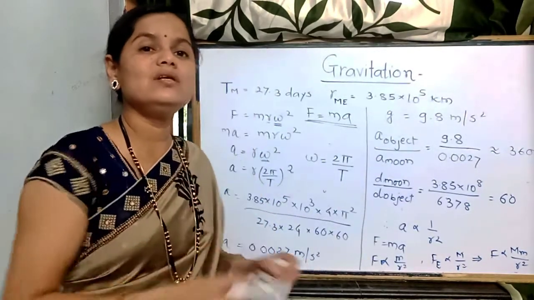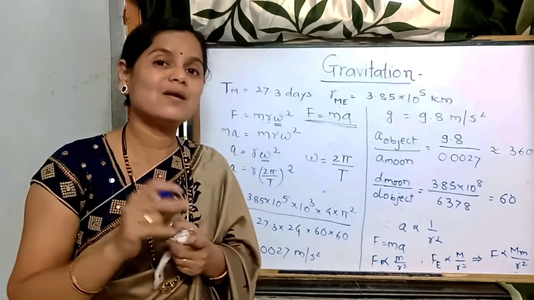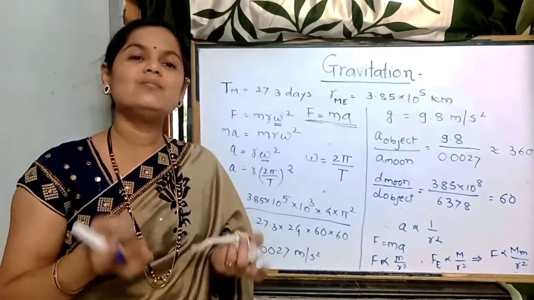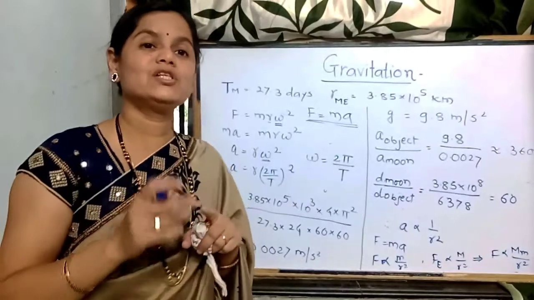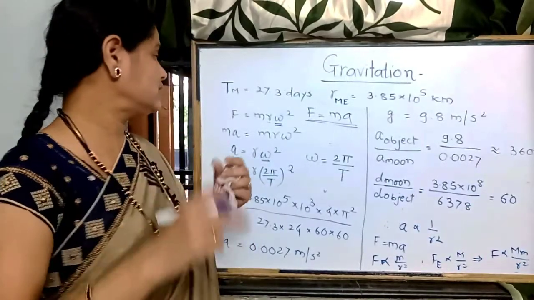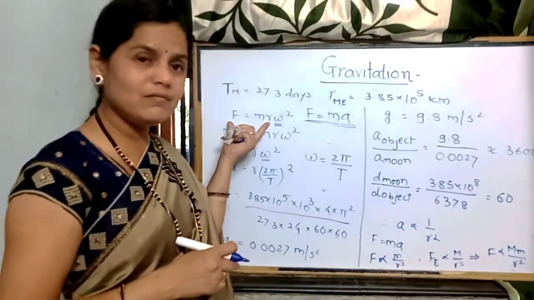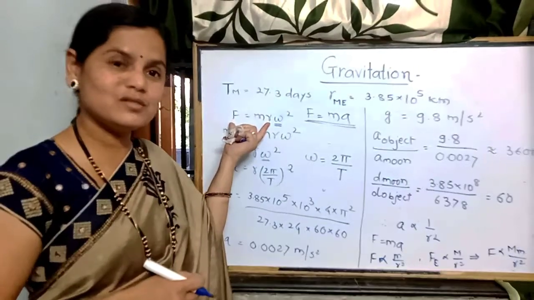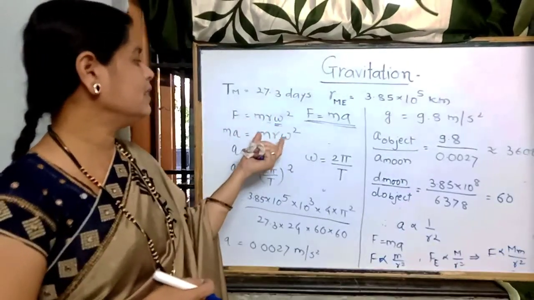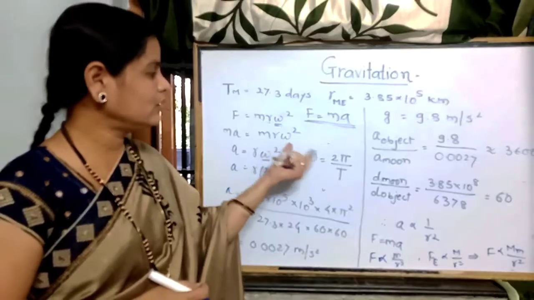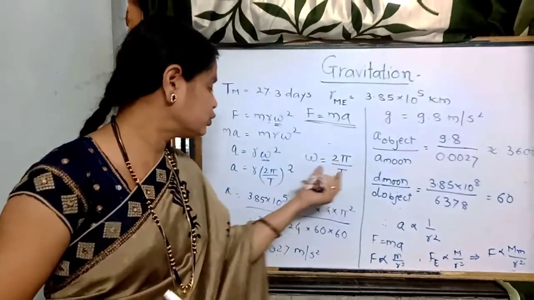Because as the moon is revolving around the earth in a circular orbit, there must be a force which keeps it in a circular orbit, and this force is nothing but the centripetal force. This centripetal force is equal to m r omega square. Omega is the angular velocity, which can be substituted as 2 pi by T.